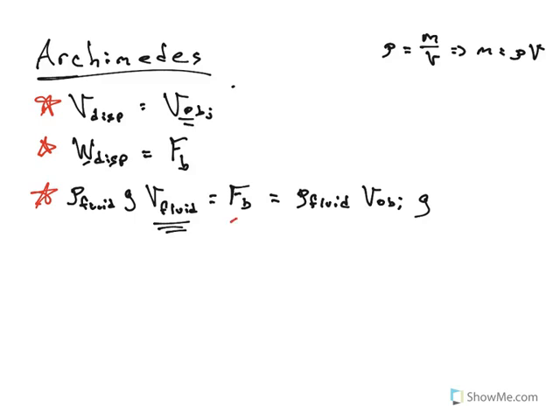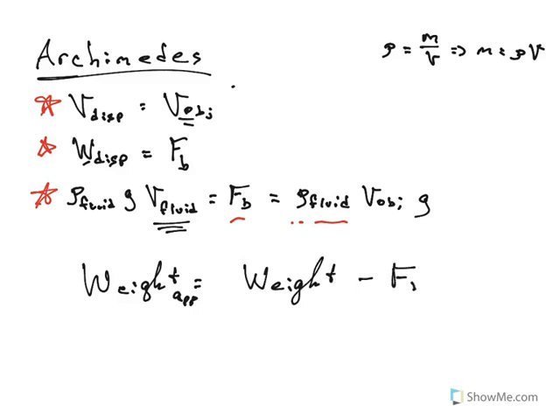It turns out the buoyant force is dependent on the density of the fluid you place the object in, water or oil or honey or whatever, times the volume of the object, times gravity, 9.8. And that, along with the equation that the apparent weight is the true weight minus the buoyant force.